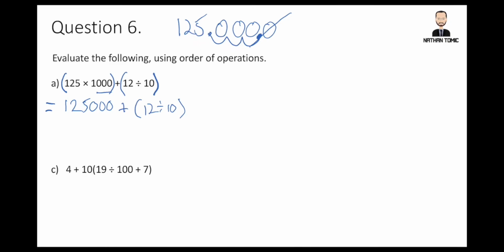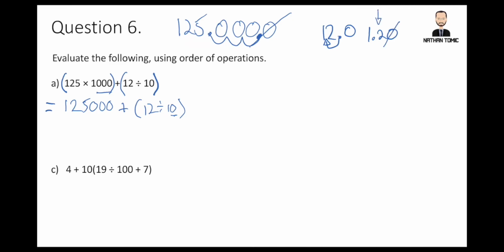So let's do the second bracket, 12 divided by 10. So again, 12 can be shown with a 0. 10 has 1 0 on it. Okay, so I'm moving one spot to the left because it's a division. So my number's going from here to here. So it actually becomes 1.20. I don't need to show this 0 anymore, but I do have to keep the 2.